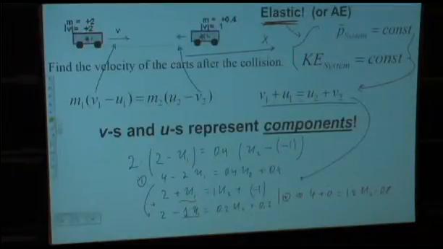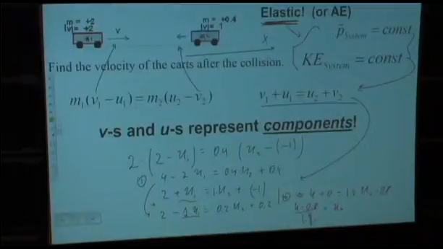And now we can solve it for the velocity of the second cart after the collision. So it's going to be 4 minus 0.8 divided by 1.2, 2. The cart on the right is the second cart.